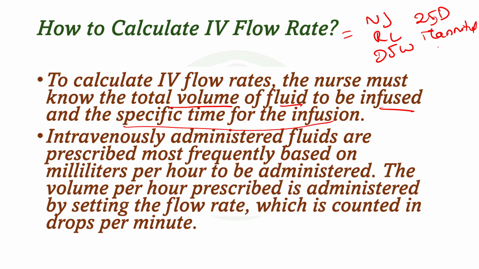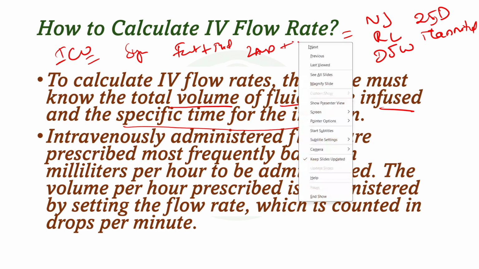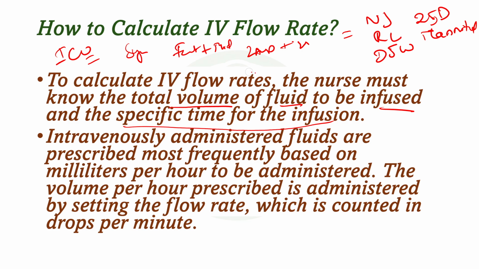When patients are in the ICU, they connect a syringe pump and give fentanyl plus midazolam. We take 2 ampoules of fentanyl and 25 ml of midazolam, dilute it and keep it in the syringe pump. These are the electrical methods.